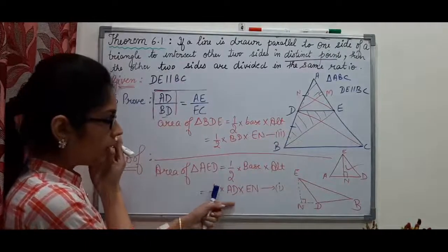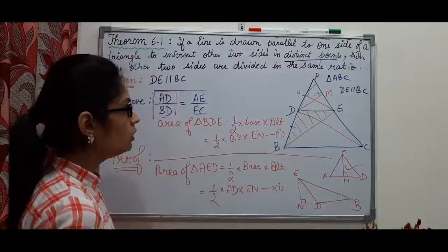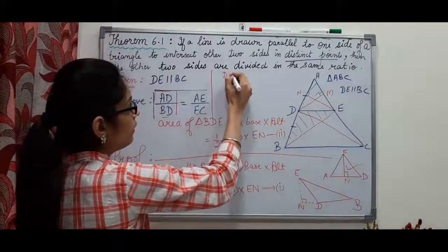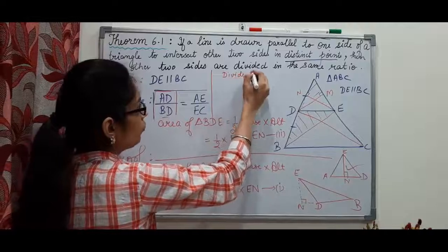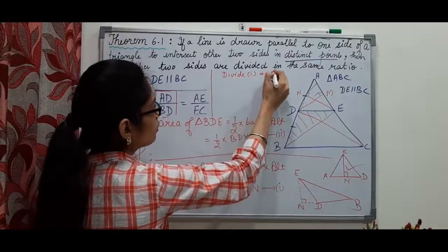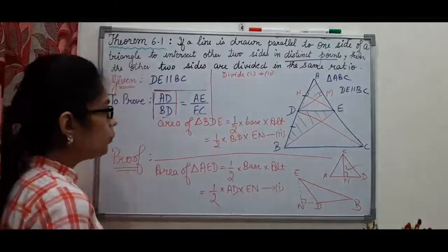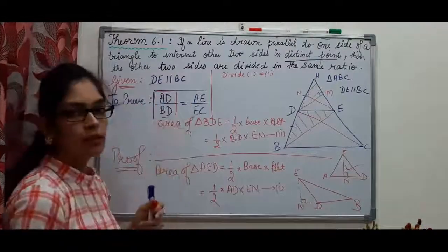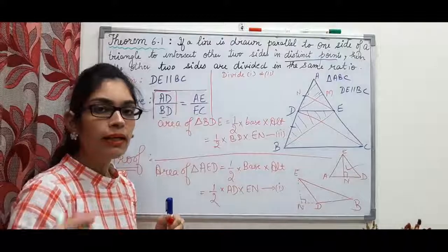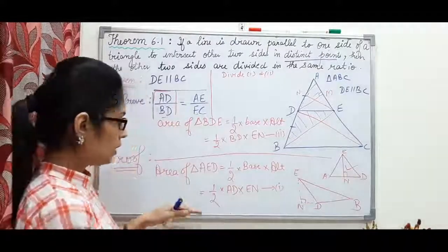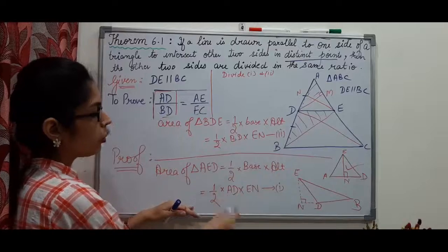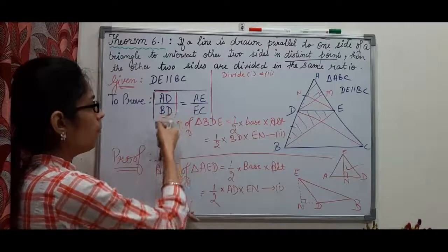Now I have point 1 also and I have point 2 also. So what I will do, I will divide first and second. So why divide? Because I need AD by BD. So whatever you need, you have to act accordingly. If I am dividing this, AD I will get at the top and BD as my denominator.